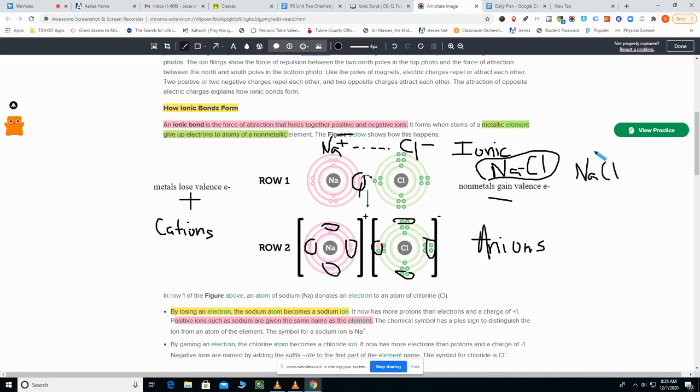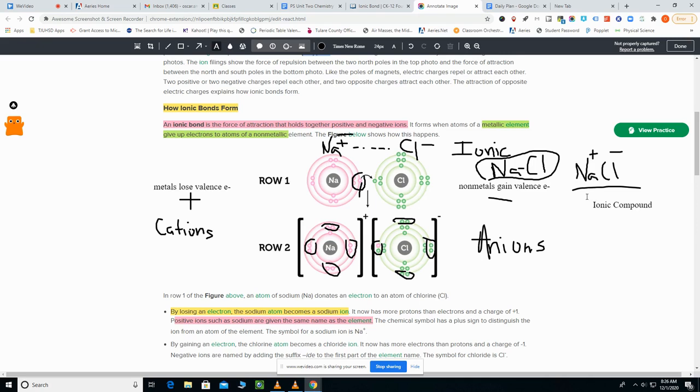NaCl. Something to note is that we call this an ionic compound. And the charge of these formula units, the basic unit for ionic compounds, is neutral.